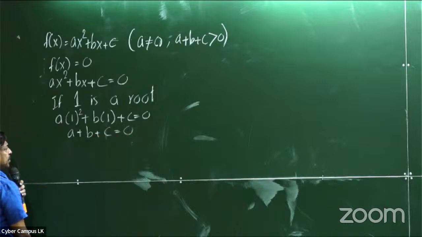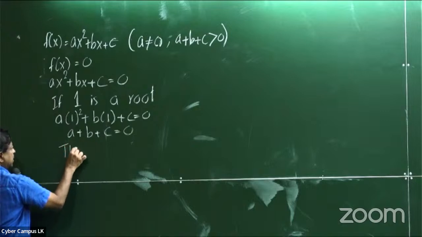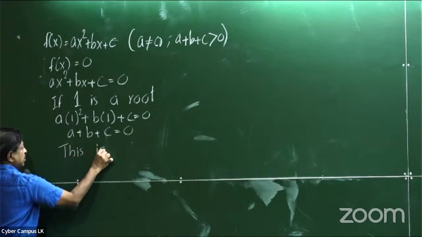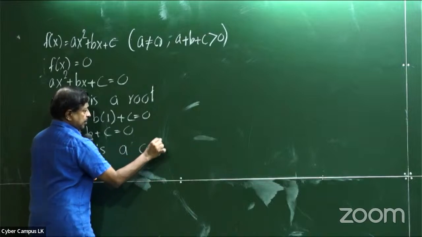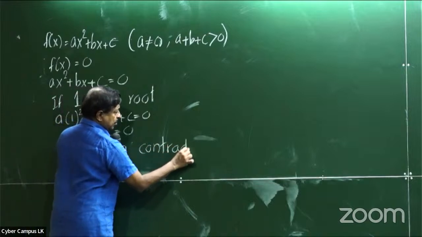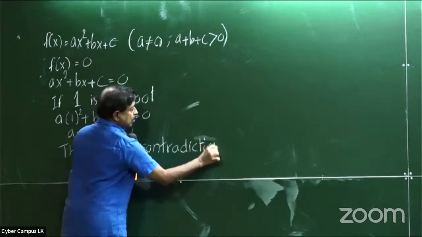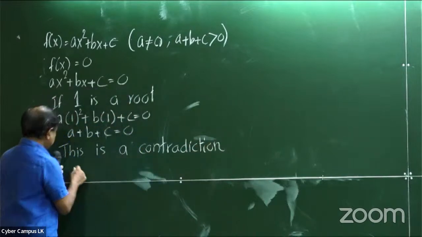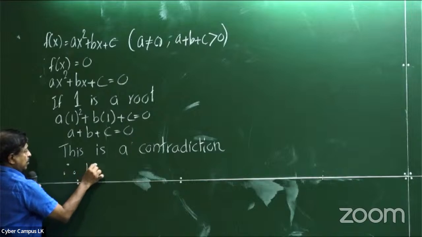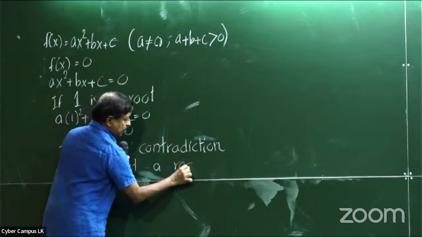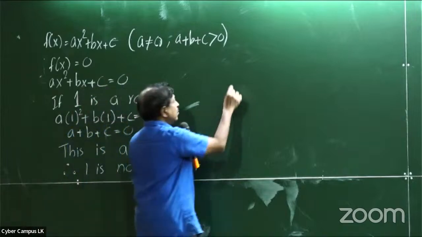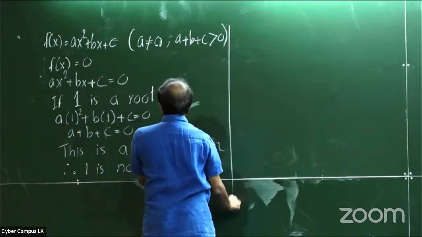Now a plus b plus c is 0. But this is a contradiction because it's given that a plus b plus c is greater than 0.